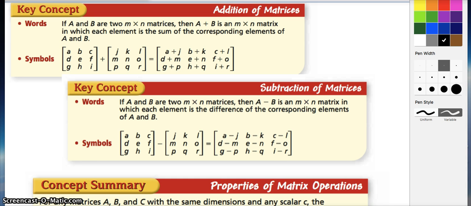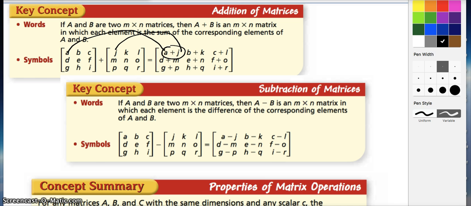To add matrices, you need to take each element in each place, add them up, and put them in the same place in the sum matrix, or the answer matrix. So a plus j gives me this first term would be aj, right?